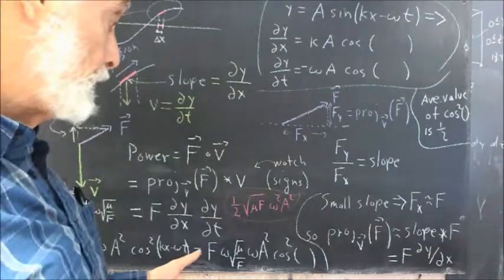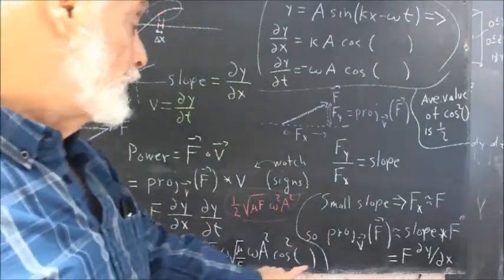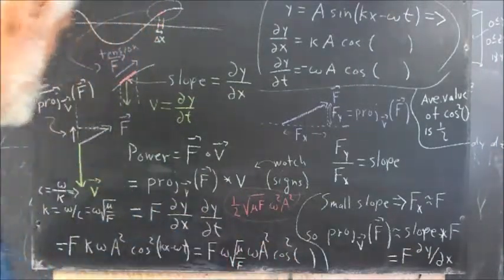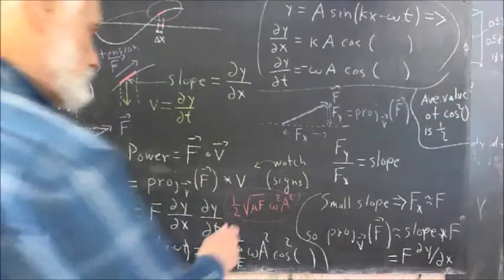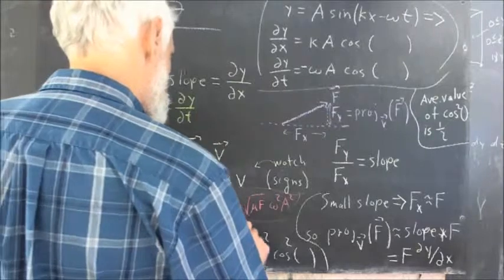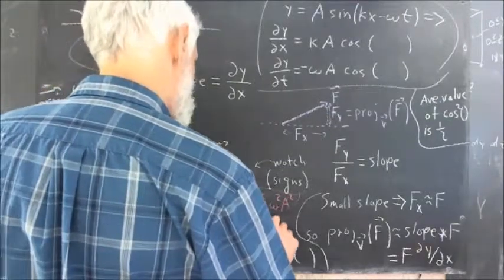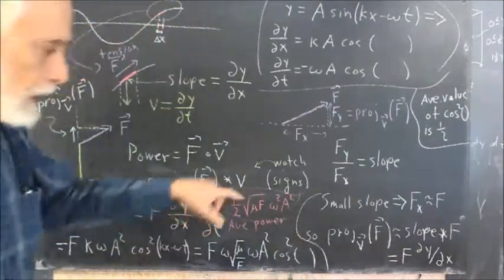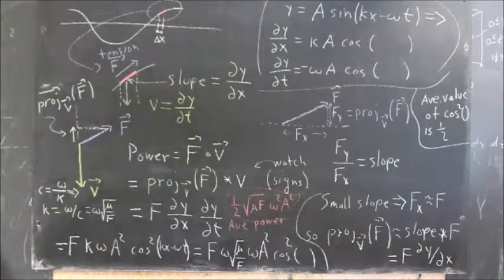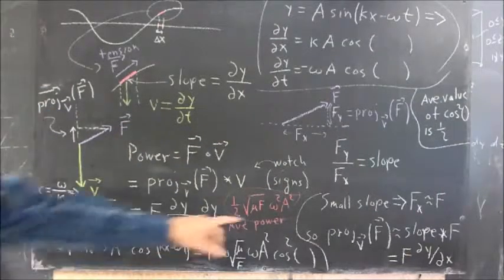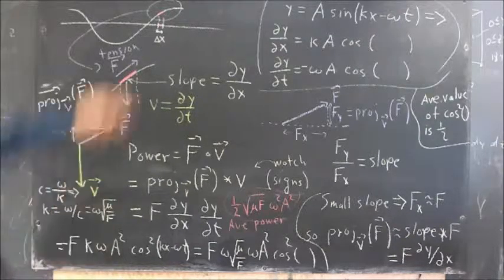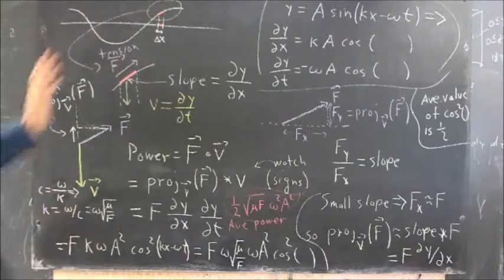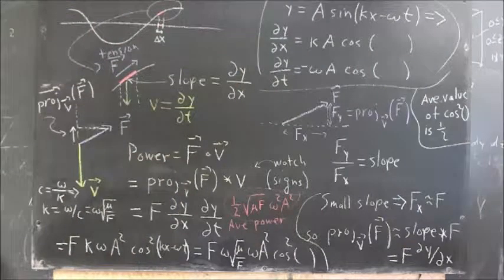Same true for the sine squared. In any case, the average value of the power is 1/2 square root of mu F times omega squared a squared, which is the same expression that we got previously just by looking at the maximum kinetic energy of an increment and extending that over time.